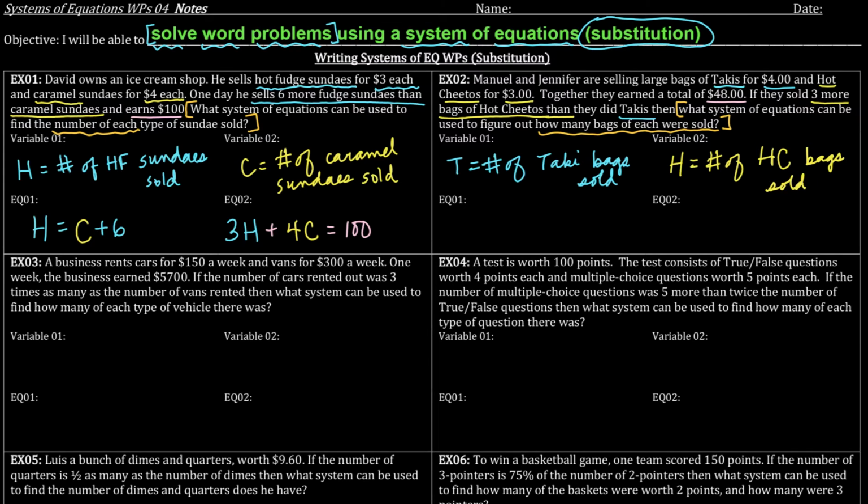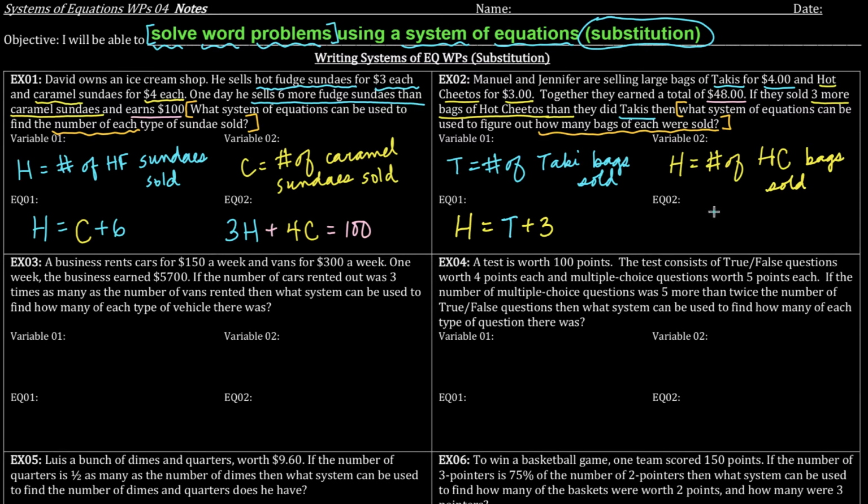All right, so we know that they sold 3 more bags of hot Cheetos than Takis. So that means the number of bags of hot Cheetos is 3 more than the bags of Takis.